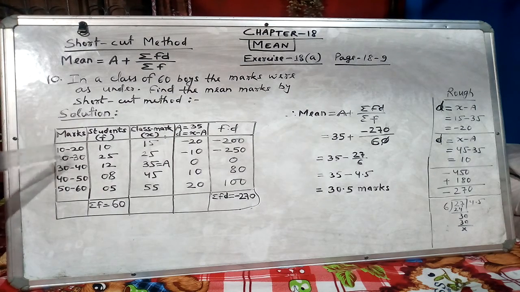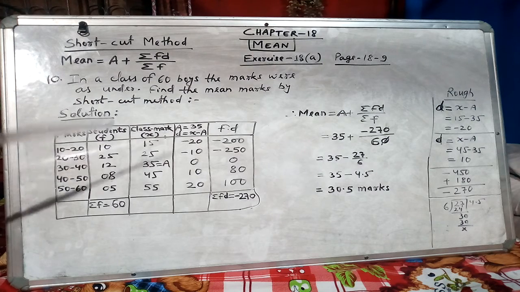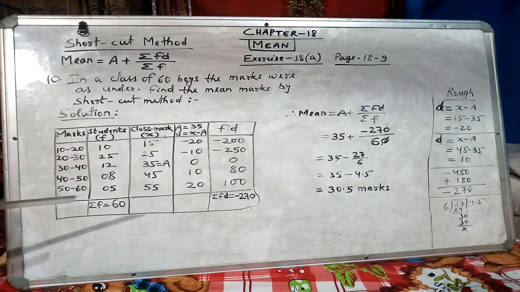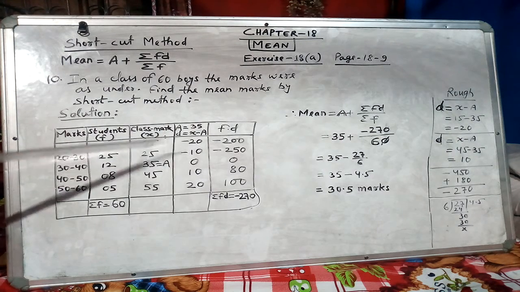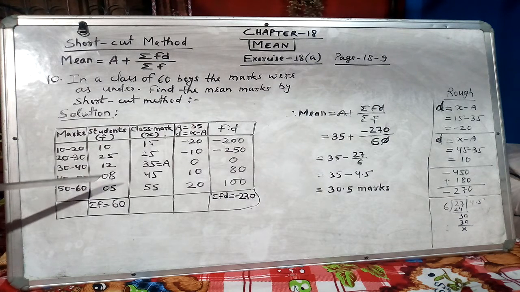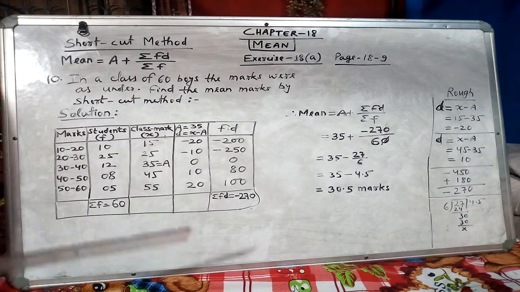Marks are like this: 10 to 20 marks, 10 students; 20 to 30, 25 students; 30 to 40 marks, 12 students; 40 to 50 marks, 8 students; 50 to 60 marks, 5 students. So summation of f, the addition of f, is 60, as in the question, and obviously it will be the same.